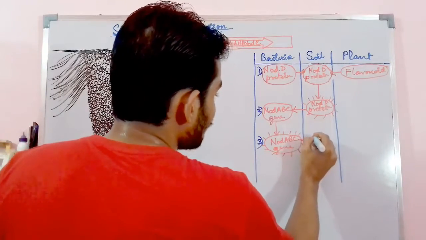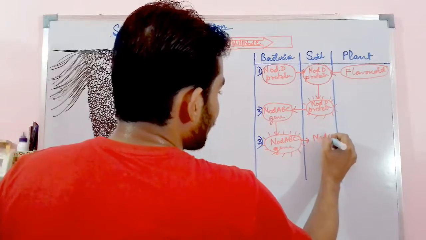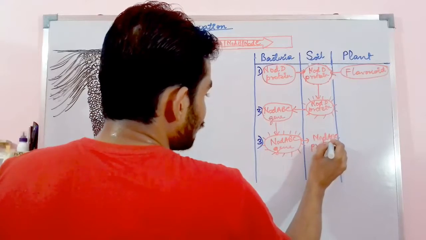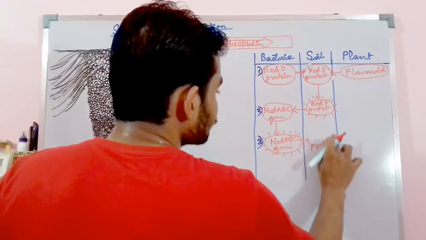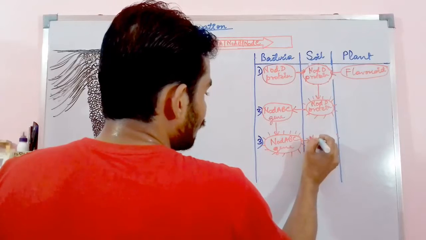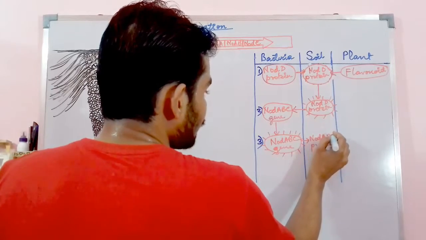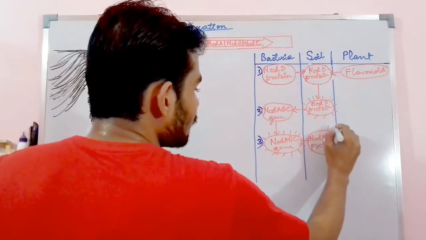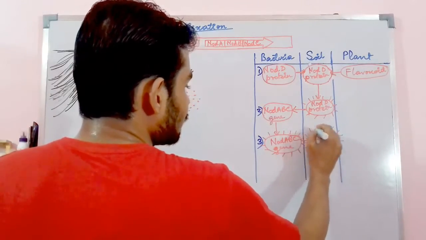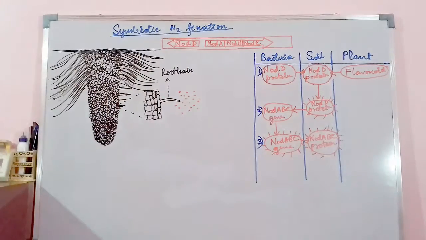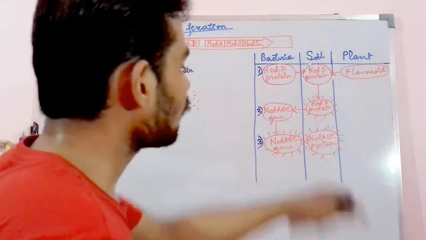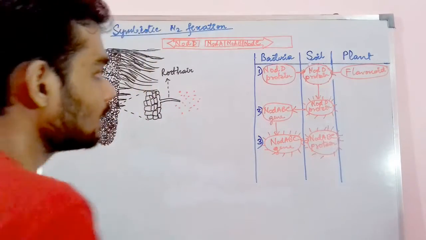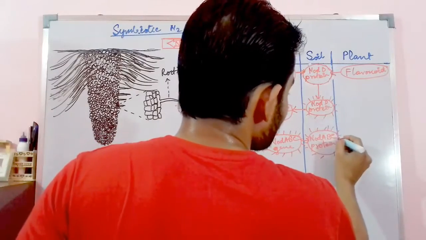Those are nothing but the NOD A, B, C proteins. Now this NOD ABC protein is activated, obviously because the NOD ABC gene gets activated and produces the protein. It's already active, and it gets activated again with the contact of this flavonoid.